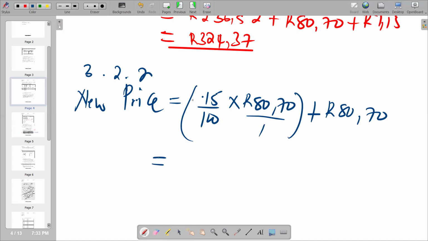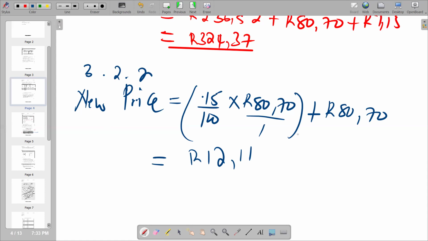So if you say 15% times 8 rand 70, let's see what we get. 15% times 8 rand 70, we are going to get 1.305, which is 1 rand 31 cents to 2 decimal places.